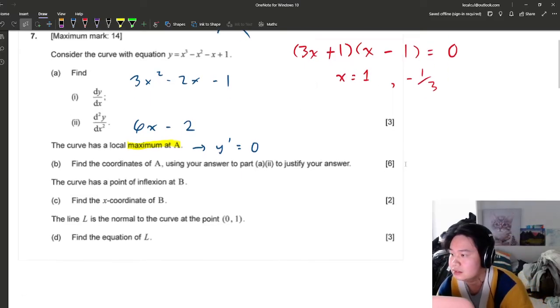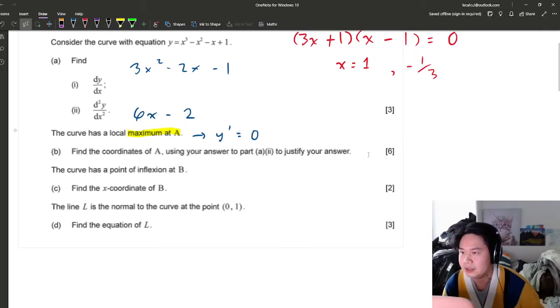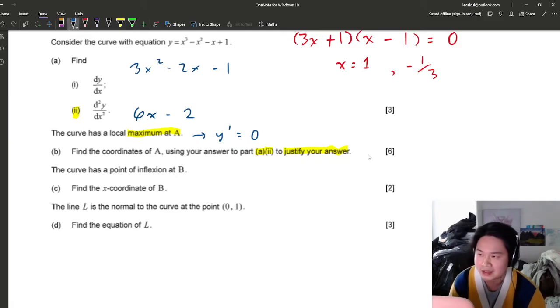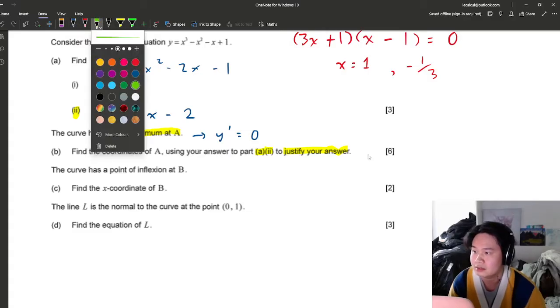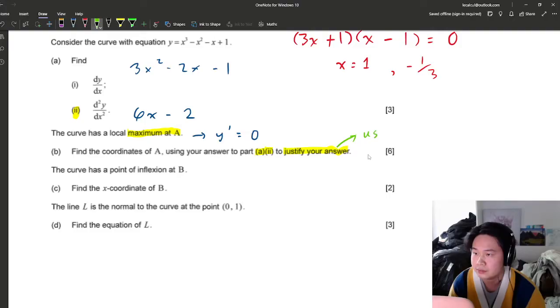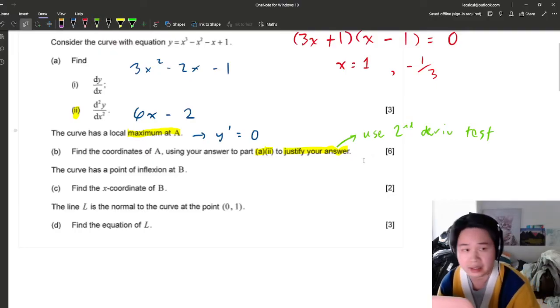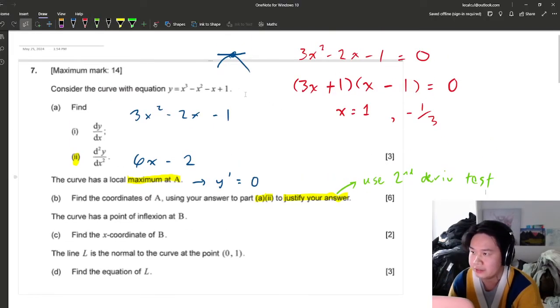Now, they're being specific here. They want you to use part A to justify your answer. So that's the second derivative. So what that means is we need to show that this is a maximum by using the second derivative test. The second derivative tells you the concavity of your function at an x value.